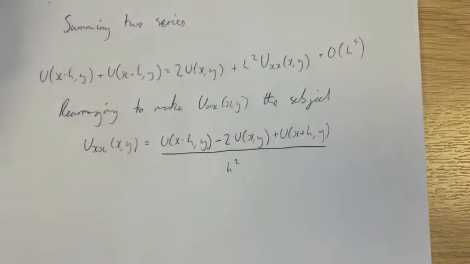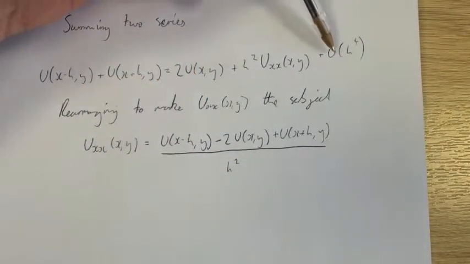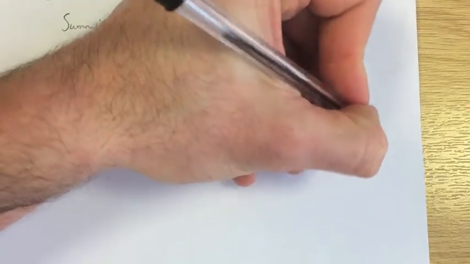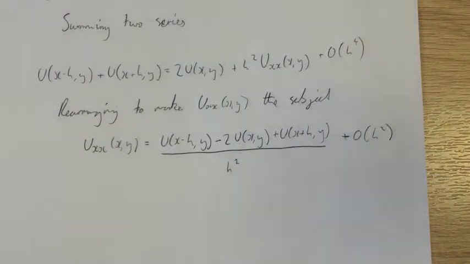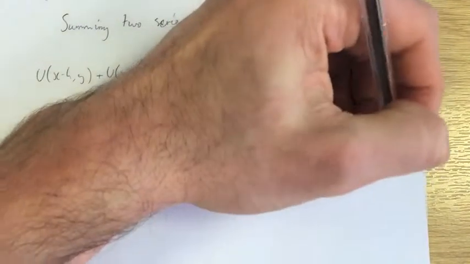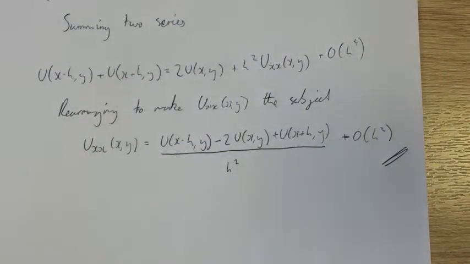And don't forget the truncation error. The truncation error of the series is big O of h to the 4. We're dividing by h squared, so the truncation error becomes h squared. That shows that this is a second order difference approximation.